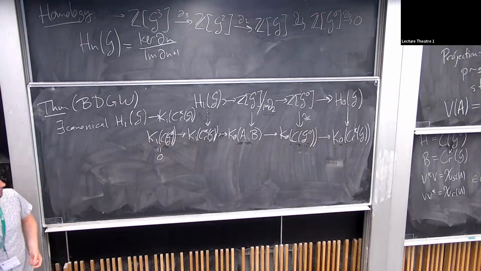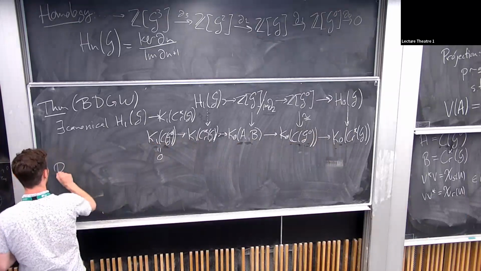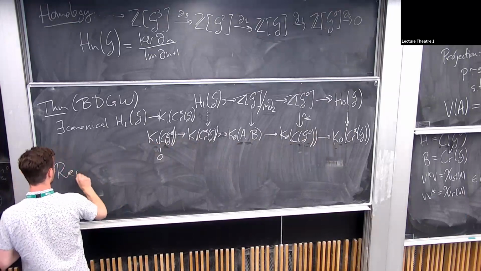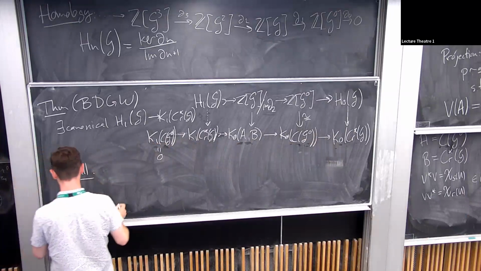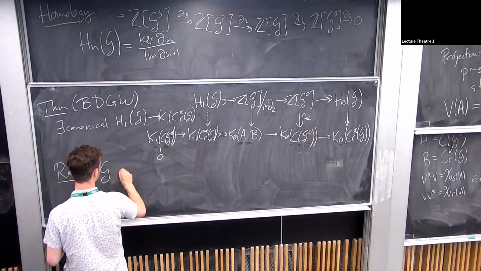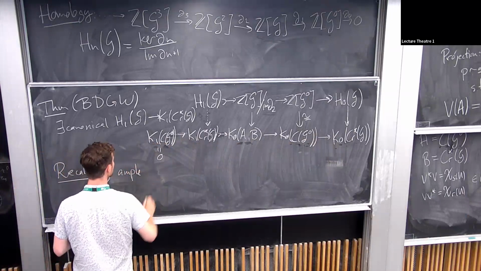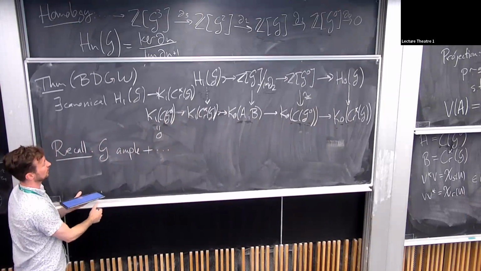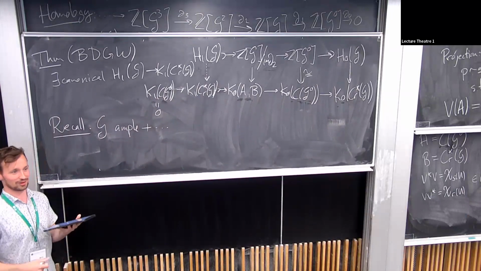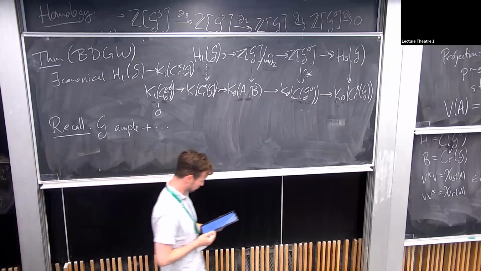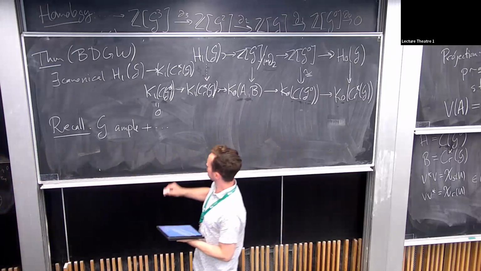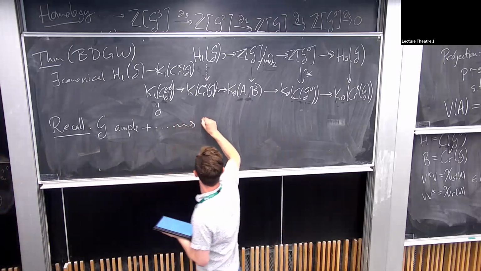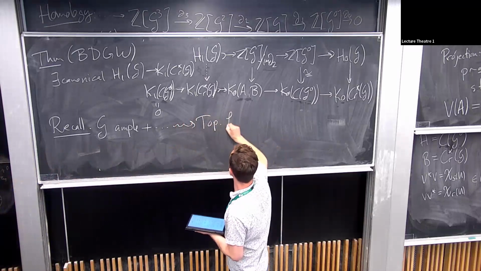So let me just recall that I'm still assuming the G is ample and probably other conditions, probably Hausdorff, because I still don't know how to work with non-Hausdorff groupoids. So we can build the topological full group.